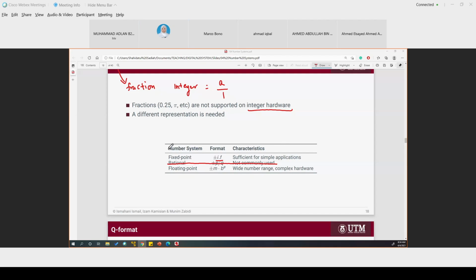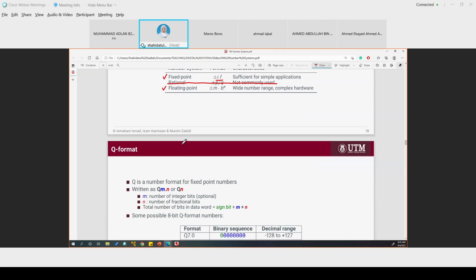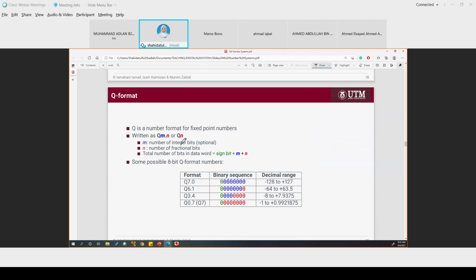So there are 2 representations that we are going to look into. The first one is fixed point, and the other one is floating point. Now we're going to look at the Q format for fixed point representation.